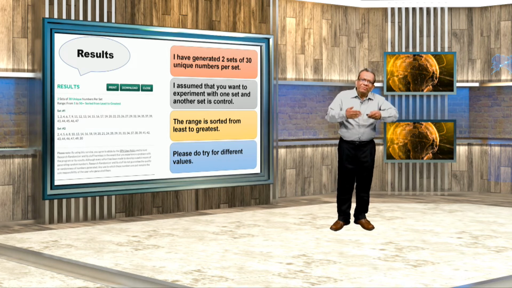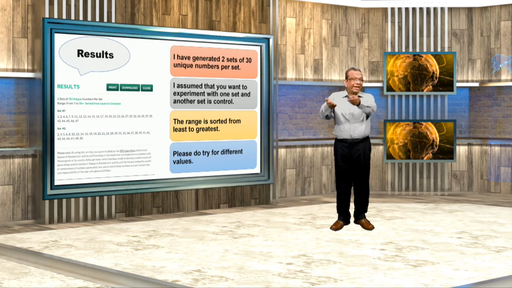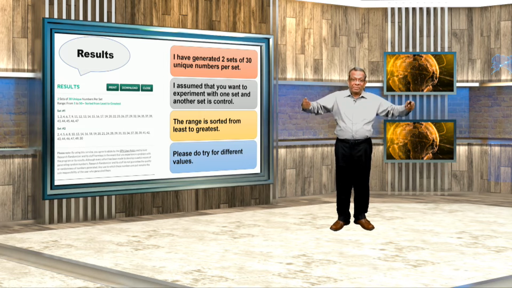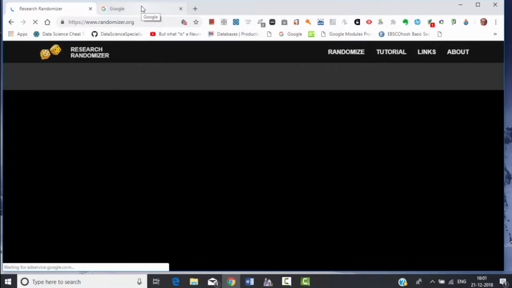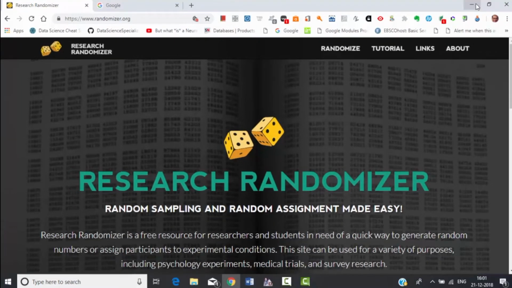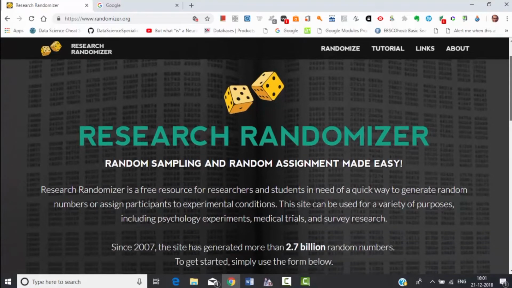You can try different values, which we will be trying while working with the randomizer software, so that it is easy for you to get the required random samples from the sample frame you have generated. Now we will go to the website Research Randomizer. We have also gone through the process of random number generation.